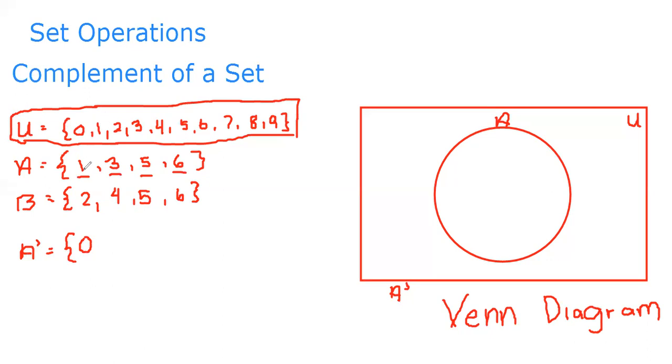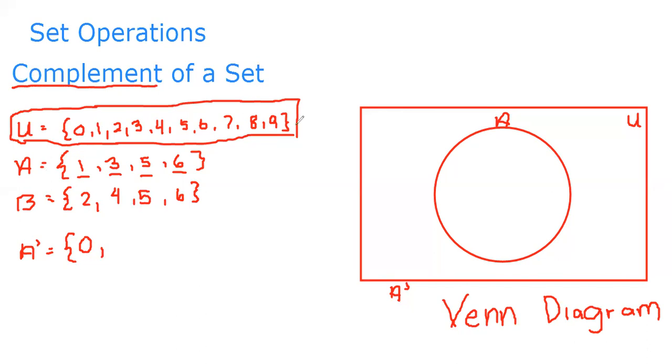Since si set A ay may 1, hindi natin isusulat si 1 sa A complement dahil meron siya kay set A. So look at this symbol. Wag mo nang kakalimutan yung symbol na 'yon. Kung nakakita tayo ng kuwit sa ibabaw ng element ng set natin, that is complement. Meaning niya complement siya.